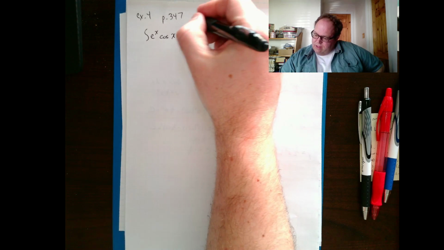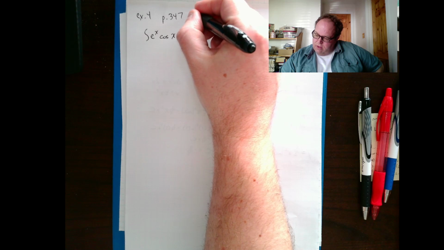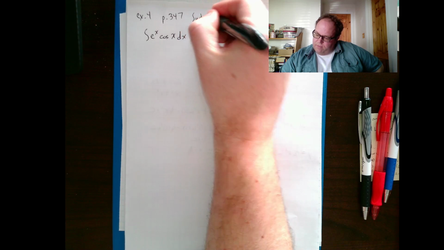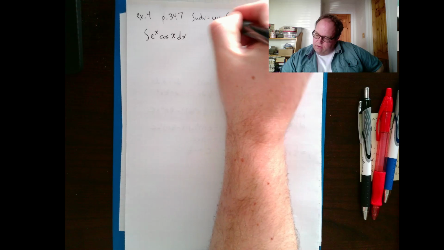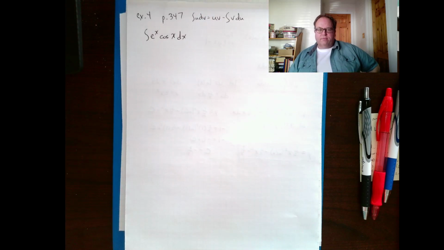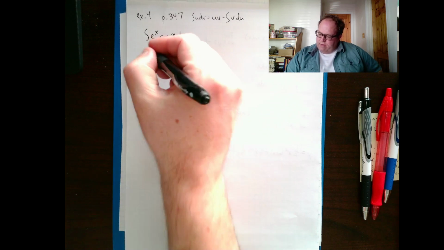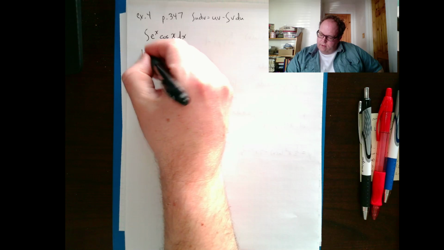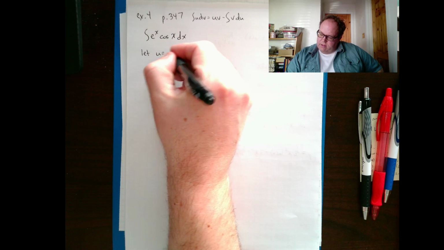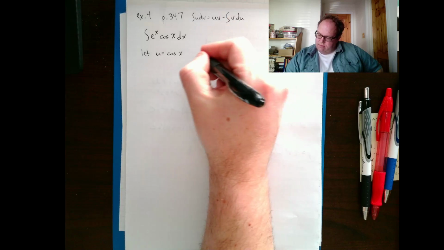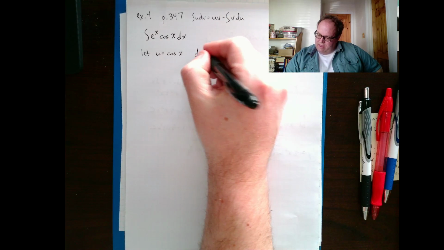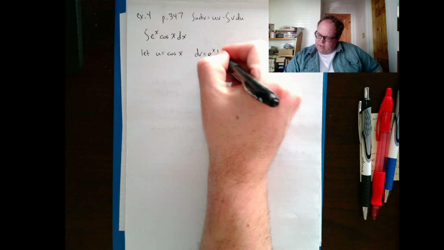I'm going to rewrite this up here for reference. Integral u dv equals uv minus integral v du. Now, the first step, I'm going to assign these as my u and my dv values. It doesn't really matter which one I choose where.